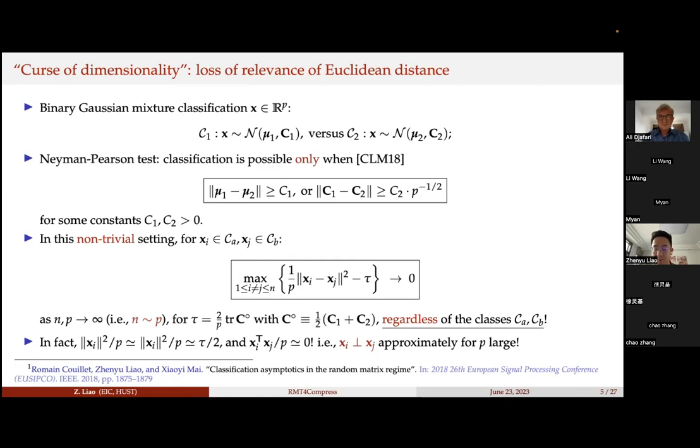But the CLT is different. Basically you subtract the mean and divide by the square root of p, and you get a Gaussian fluctuation.